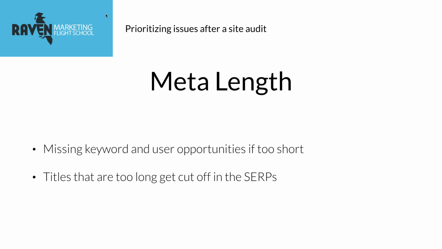That's the reason why you want to address things that are too long. Then with titles and descriptions that are too short, with a title, it may just not say enough to get the person to click on it. However, with the description, if it's too short, maybe it's not saying enough, but it also might get the algorithm to just make up its own meta description for that page, and so you lose control of that.